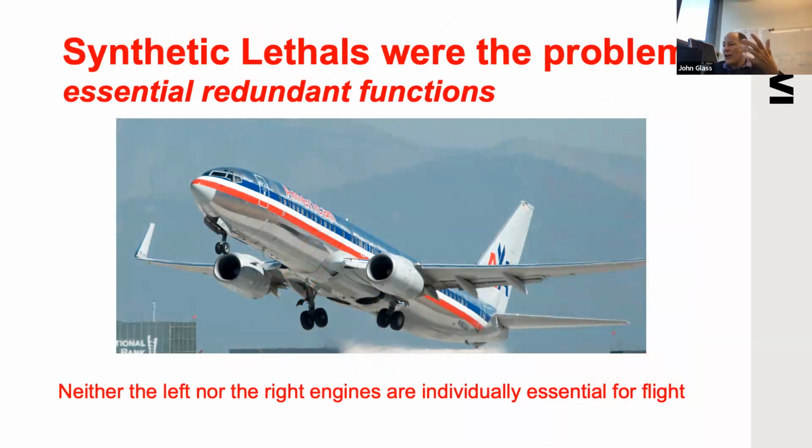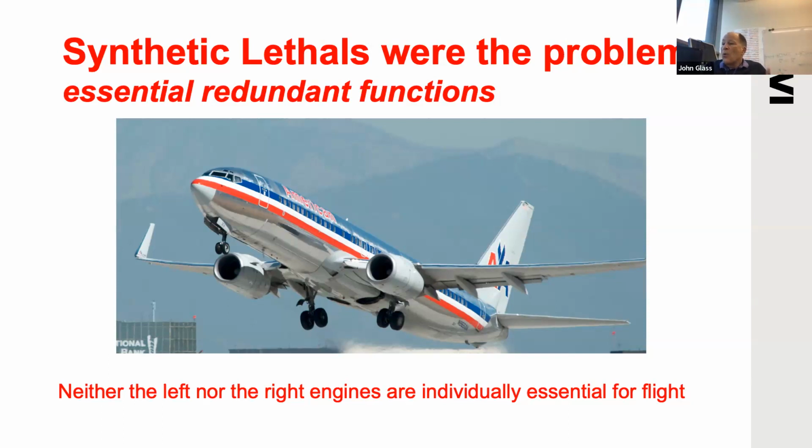The right engine goes out, and the pilot will tell you, we're fine, we're going to land soon. And then, on another flight, you learn that the left engine goes out. They might not be too worried if only one engine goes out, but we all know that we're in real trouble if both engines go out. And that's what a synthetic lethal is.